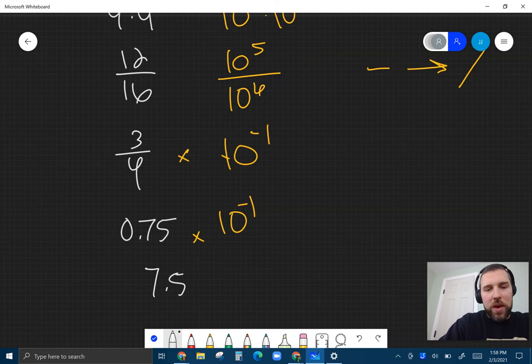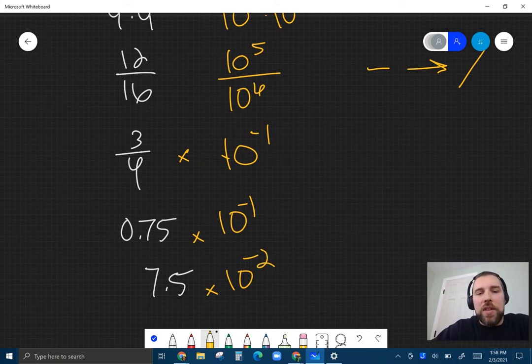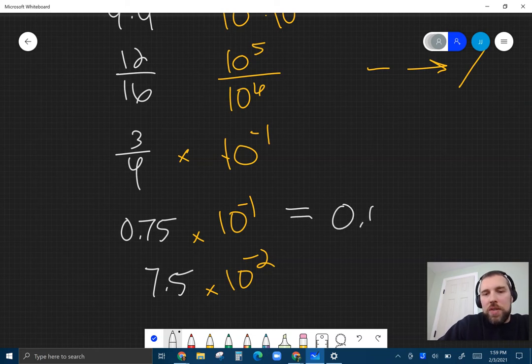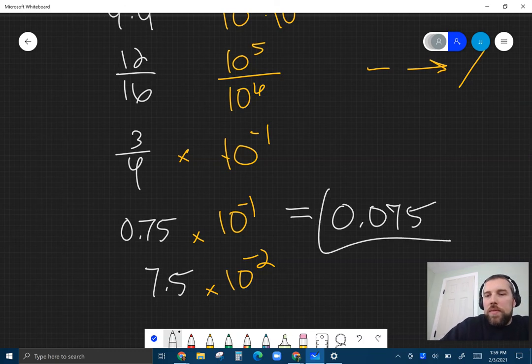So that's 7.5. And I had to borrow a 10 to do that. So I'm going times 10 to the -2. Or look, this is a small enough number anyway. You could just say, hey, this is really 0.075. Cool. And that's how we're doing that.